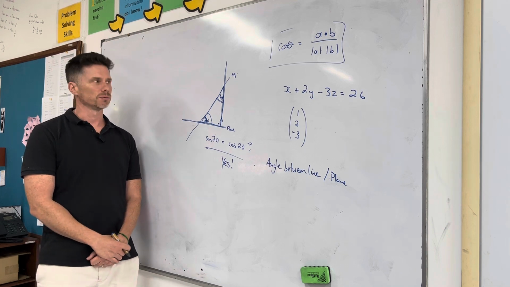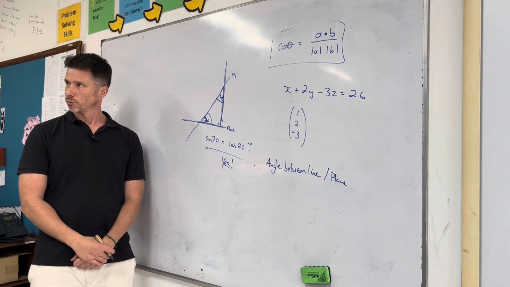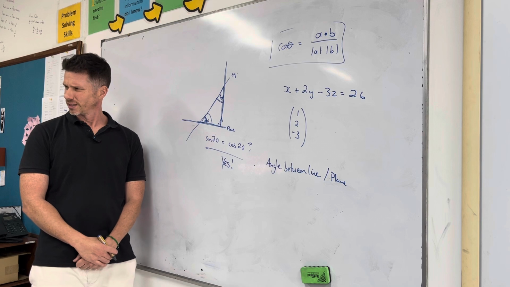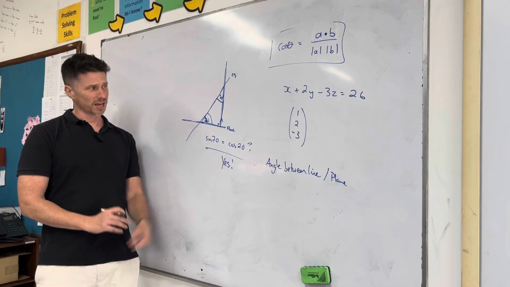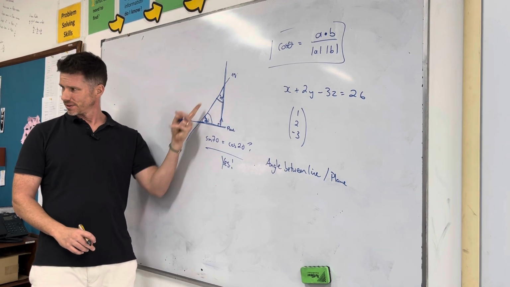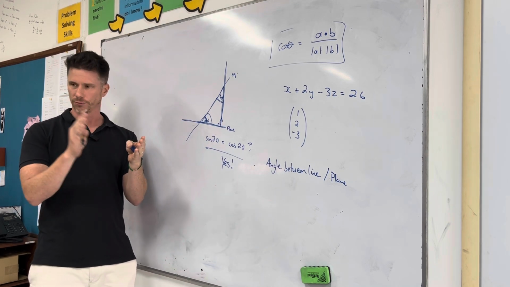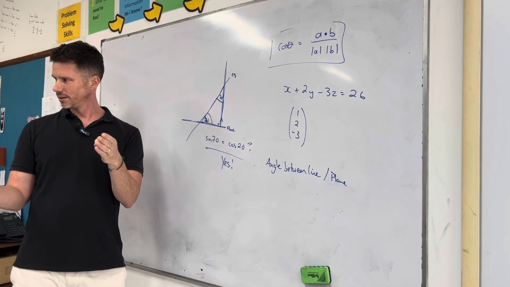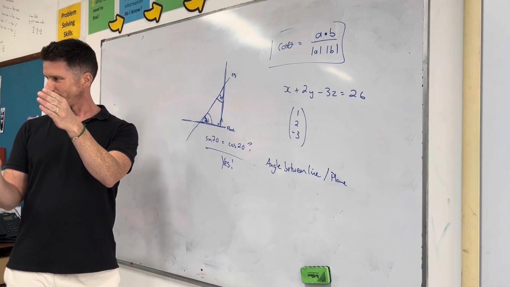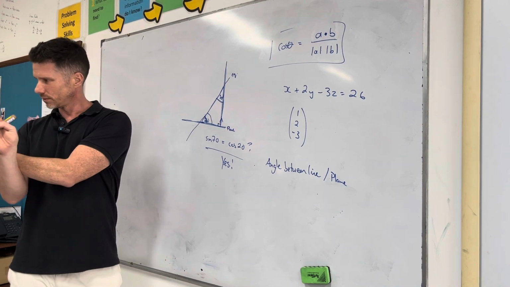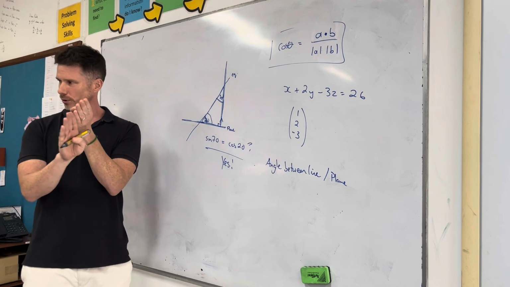Sine and cosine are like reciprocals of each other, if you want to think of it that way. They have to add to 90, and the ratios will also be the exact opposite. In your table for 30, 45, and 60, when one is a half, the other is root 3 over 2, and vice versa. And they meet at 45 when they're the same.